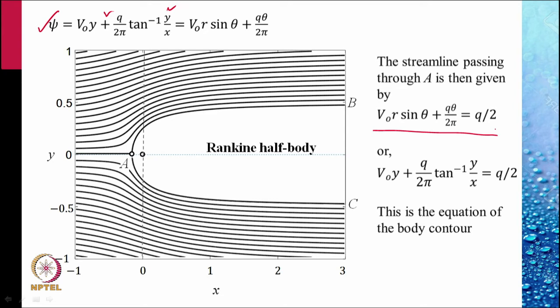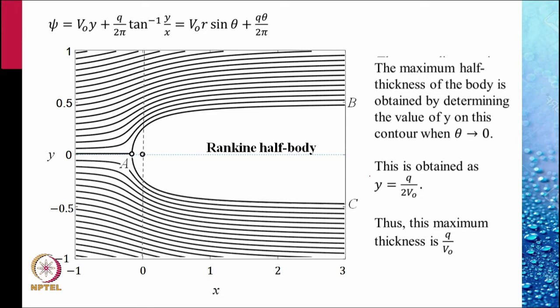That is, in the xy coordinates, V naught y plus q divided by twice pi tangent inverse y by x is equal to q by 2. This is the equation of the body contour in x and y coordinates.